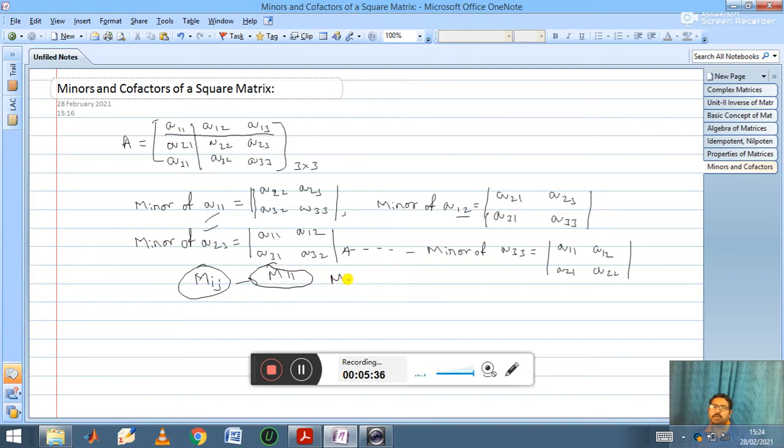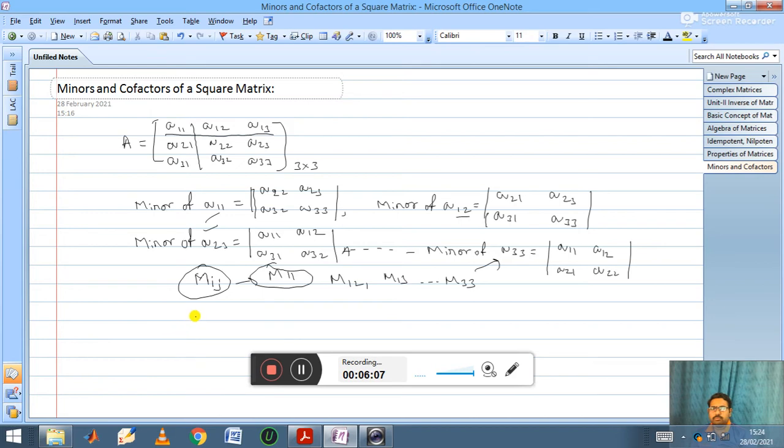Similarly, minor of A12, minor of A13, and so on up to minor of A33, which means the minor of the third row third column element. So the general representation of the minor is capital M suffix ij. This is the minor concept.